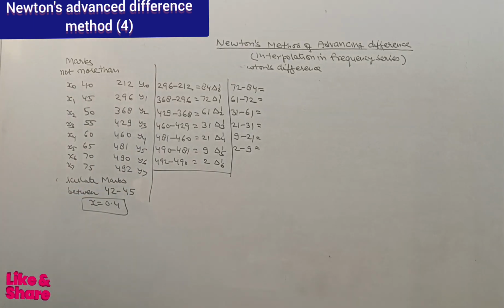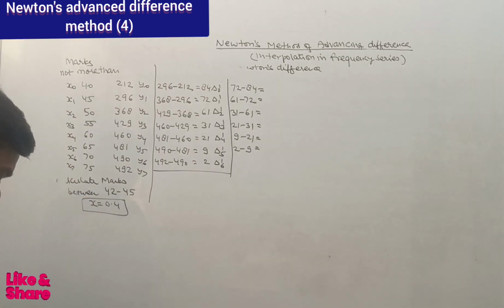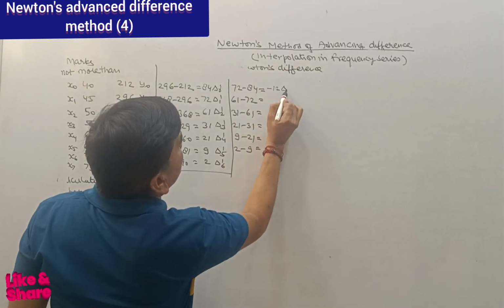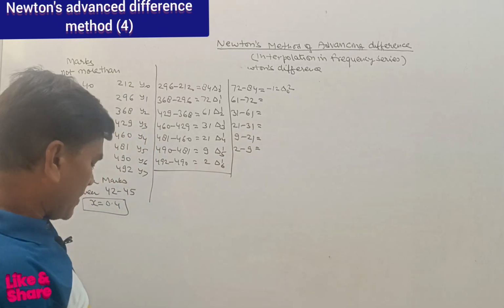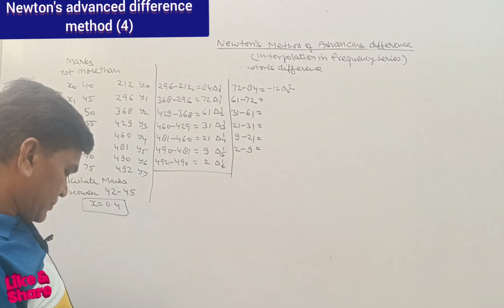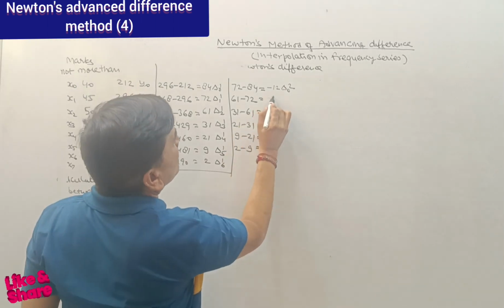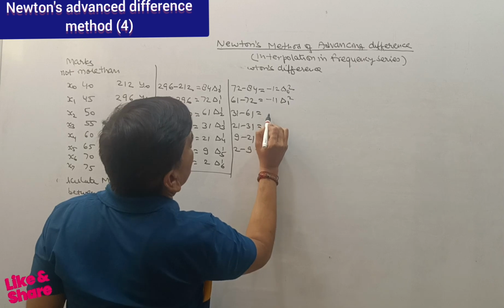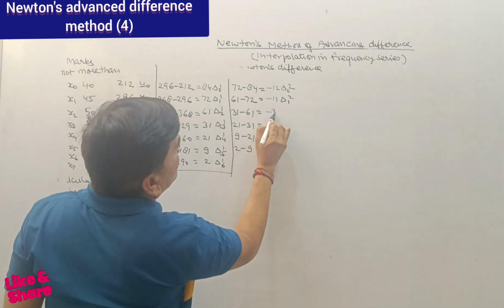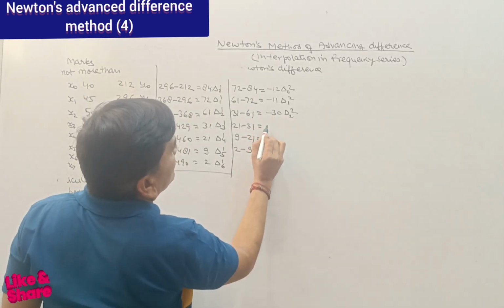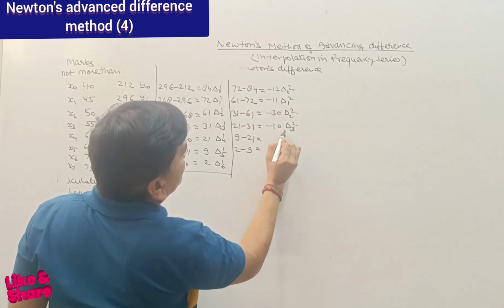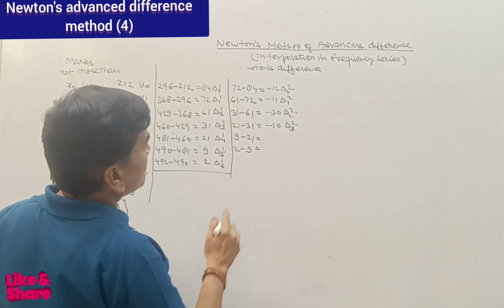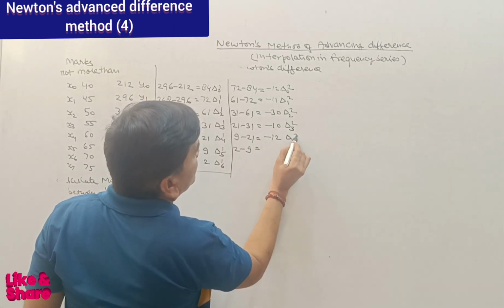72 minus 84 is minus 12, delta 02. 61 minus 72 is minus 11, delta 12. Then minus 30, delta 22. Minus 10, delta 32. 9 minus 21 is minus 12, delta 42.